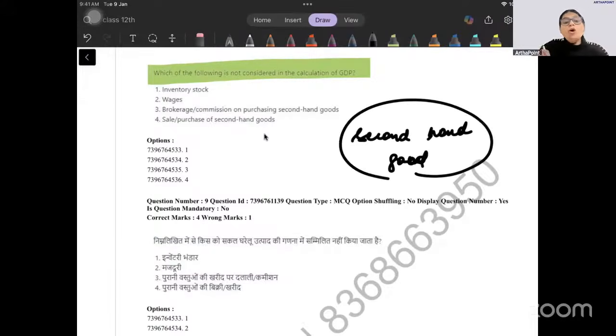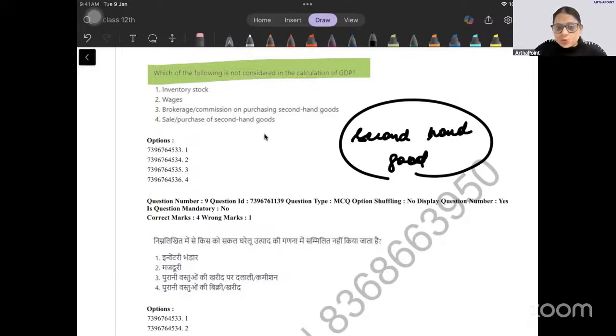Although related to second hand goods, we will include the services. That means if someone is selling a second hand scooter, but someone is paying a commission in it, that will be included. But the sale or purchase of the second hand good itself will not be included.